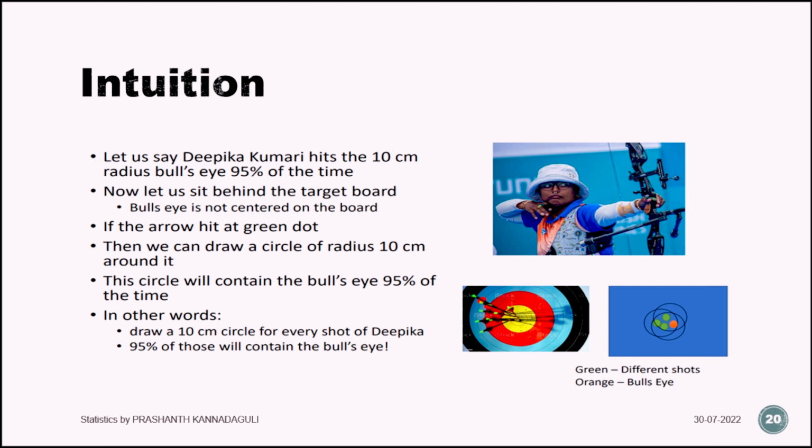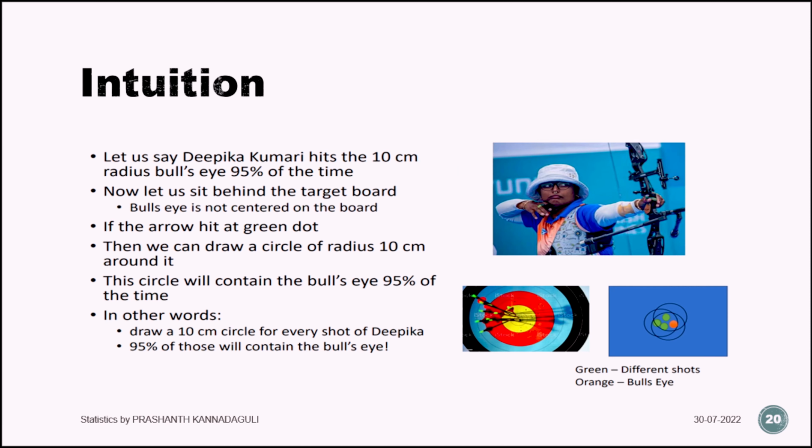Now you see, 95% of the time when you draw the circles, this orange dot is present inside the circle. 95 circles out of 100 circles will contain this particular dot. Okay, so that is the intuition we are trying to apply here.